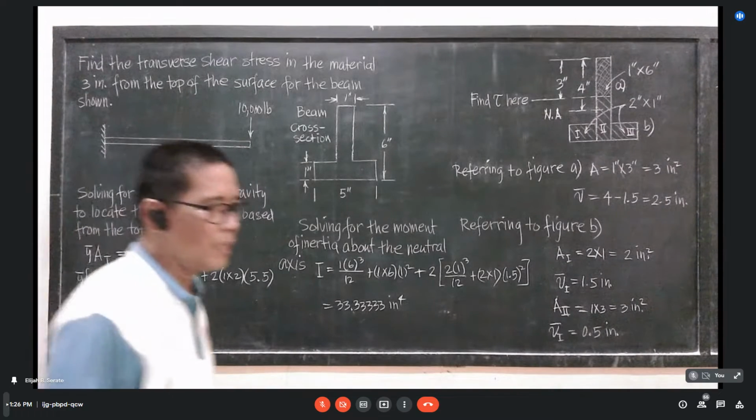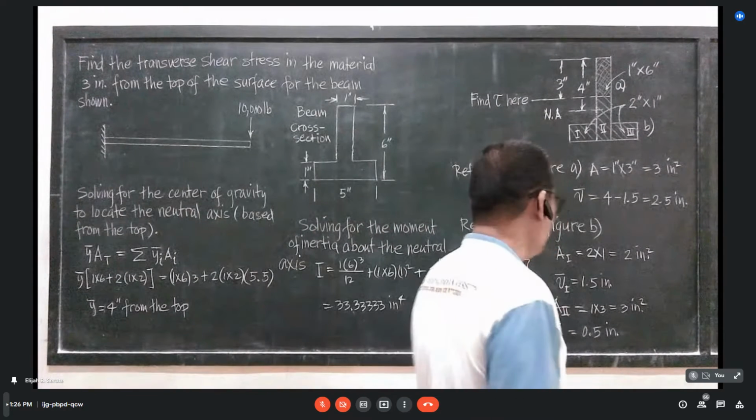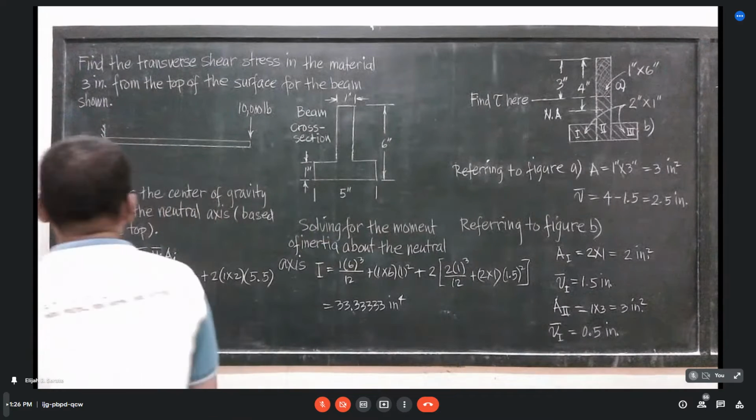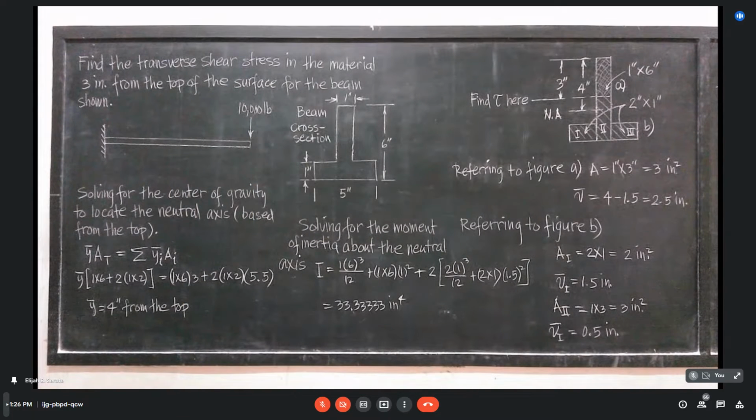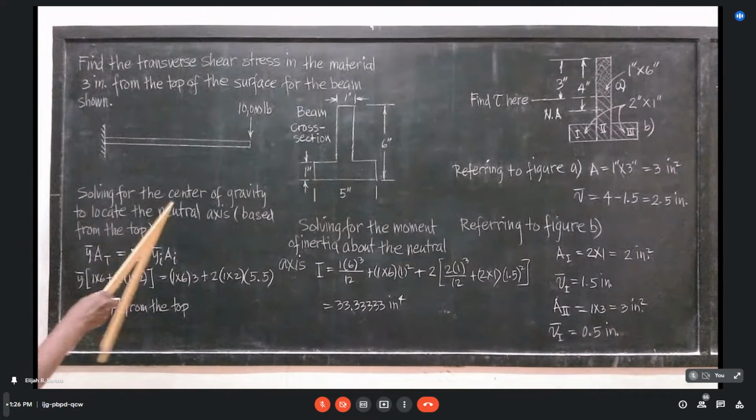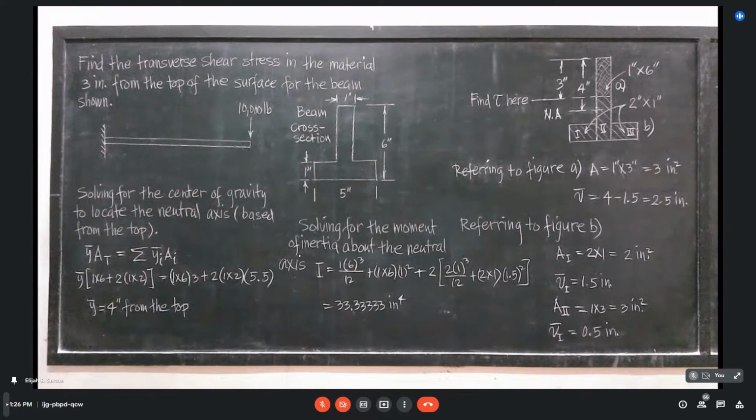Summation of forces, 10,000 equals 0? Is that what you mean? Summation of forces, 10,000 equals 0, because there's only one force here.